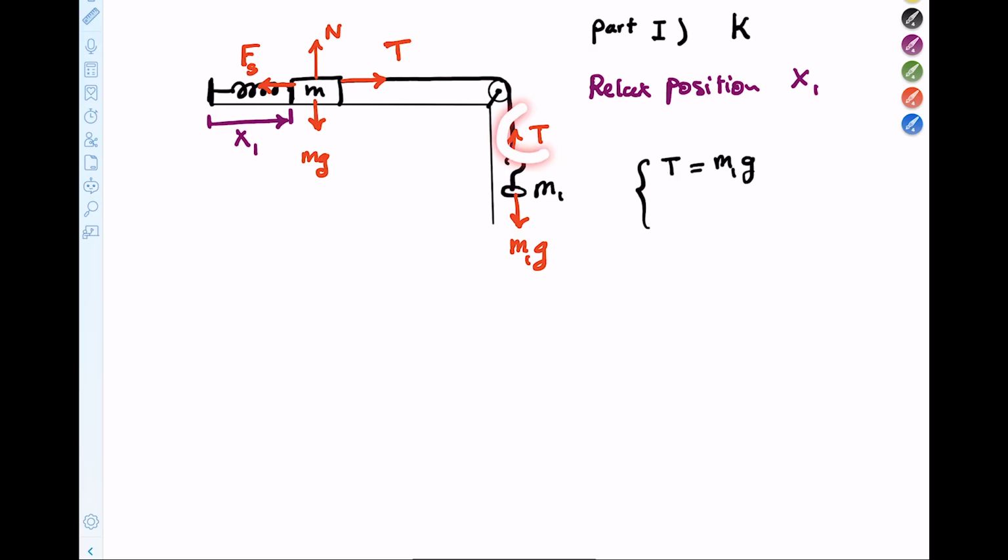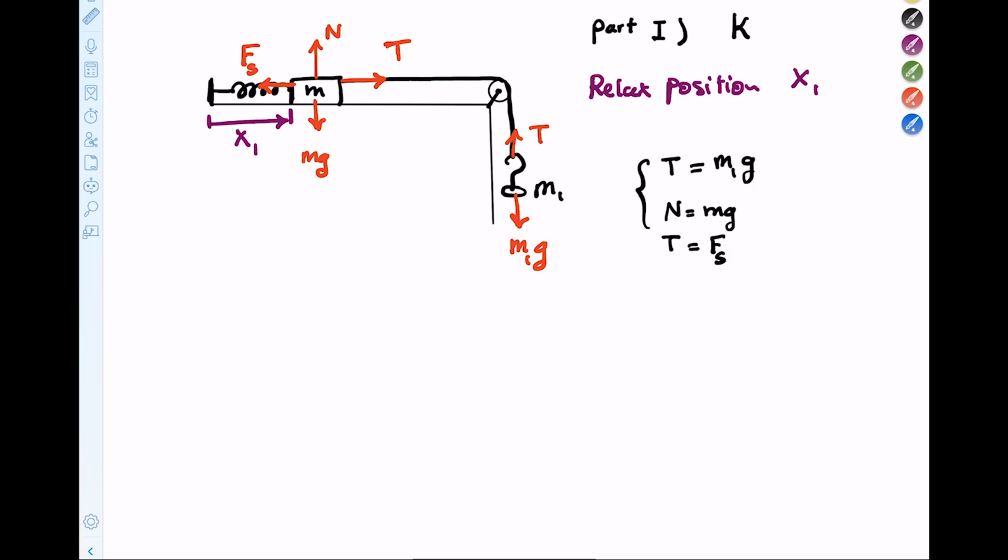I'm talking about these two. And for the box attached to the spring, I have N equals mg, and I also have T equals the force of the spring.